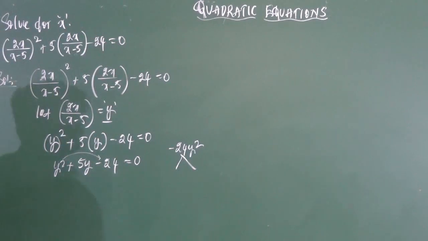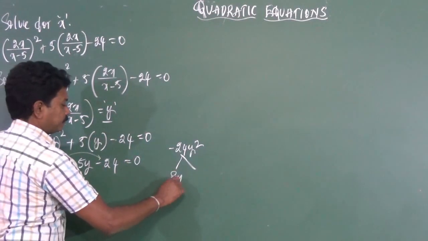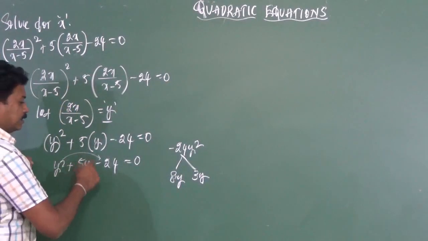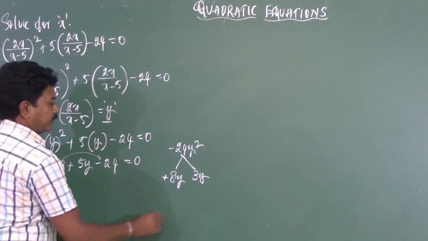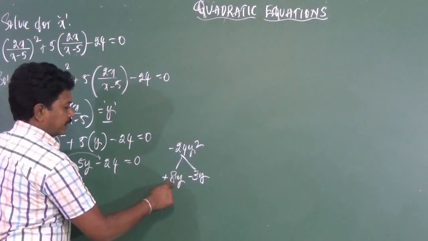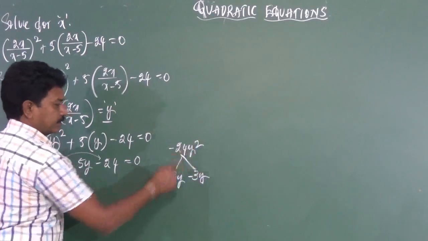Okay? 8 threes are 24. Yeah, exactly. So 8y and 3y. So to get plus 5y as the answer, you have to put a plus sign for 8y and a minus sign for 3y. And plus into minus is minus, 8 threes are 24, y into y is y square.